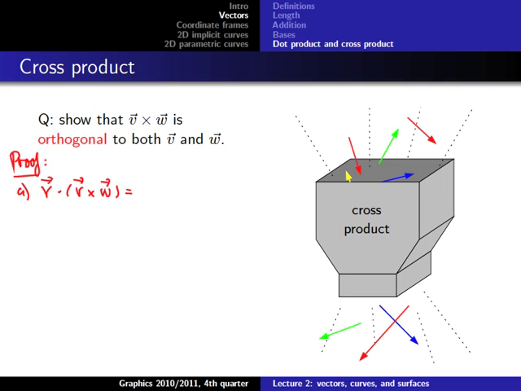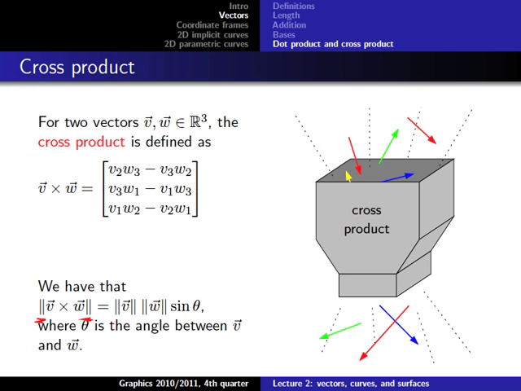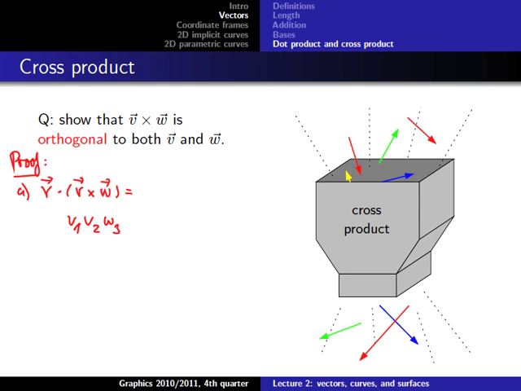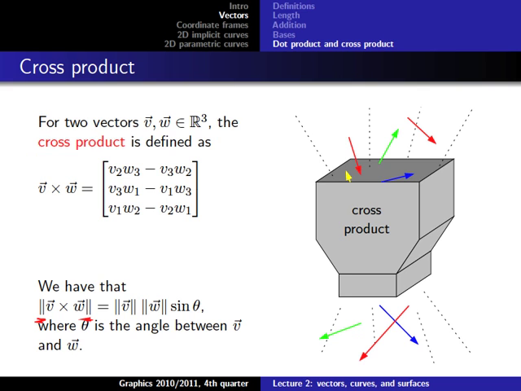And let me just write it down. I have it here, so I don't make any mistakes with the indices. So this is the first one we get. This value here times v minus v1, v3, w2 plus v2, v3, w1. So I may make two steps in one.